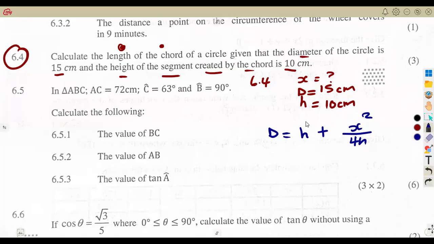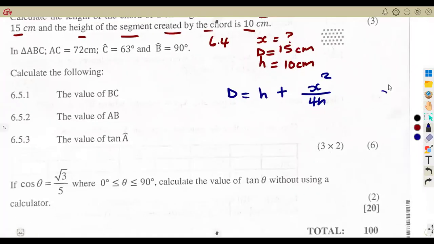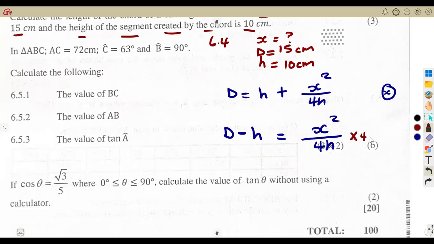So it's either you're going to substitute, then you solve for x, or simply make x the subject. So as for me, guys, since we want to calculate x, I'm just going to make x the subject. All right, take h to the other side is going to be d minus h is equal to x squared over 4h. So we need to remove this 4h. It's in the denominator, so just multiply by it. Multiply by 4h. The whole of this part, you're also going to multiply by 4h.